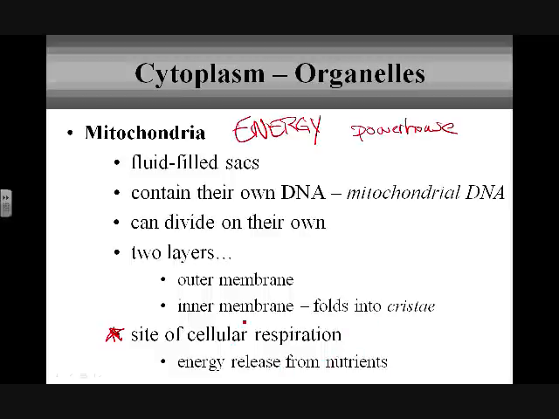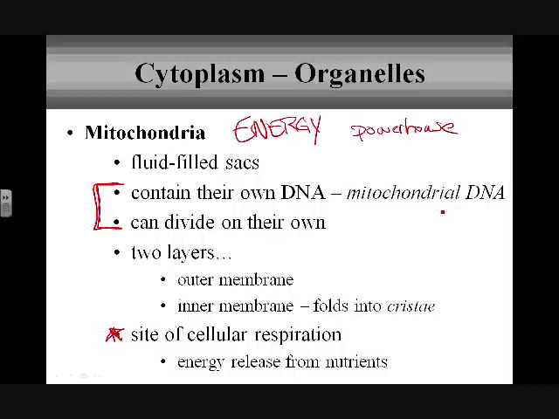Some of the other details about the mitochondria is that it has two separate layers, an inner and an outer membrane. That inner membrane folds in on itself into cristae. But mitochondria also have a very unique feature, and this information should be relatively new to you: mitochondria actually have their own specific DNA, small amounts of mitochondrial DNA.